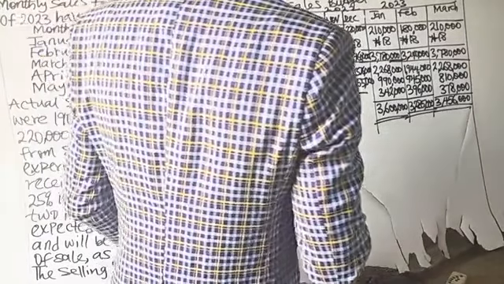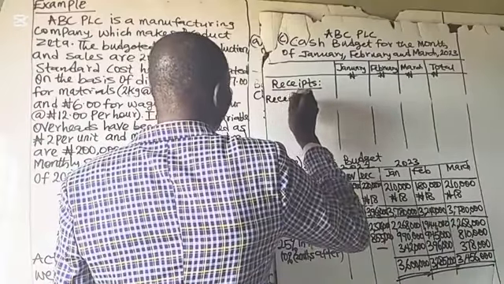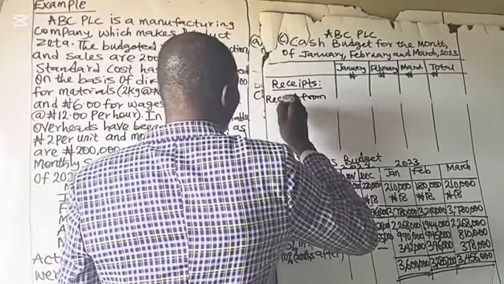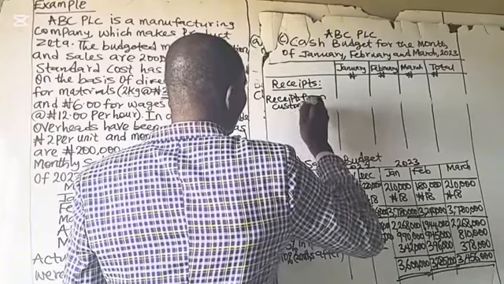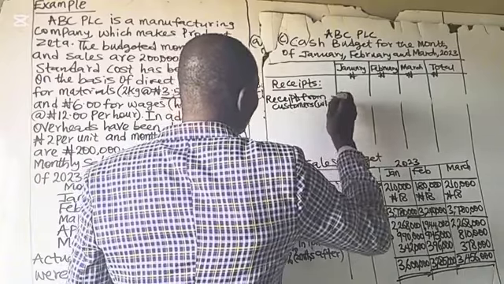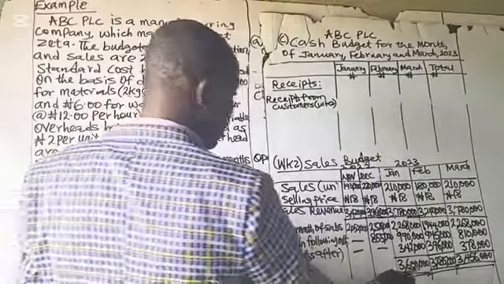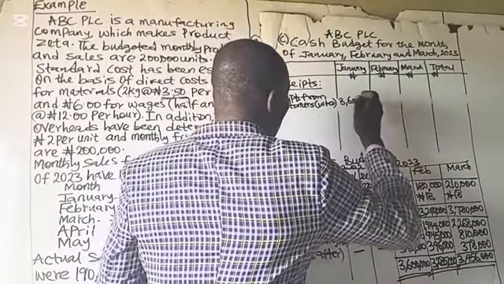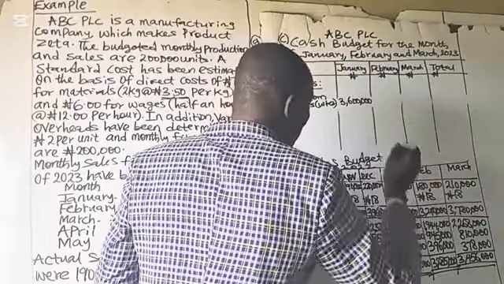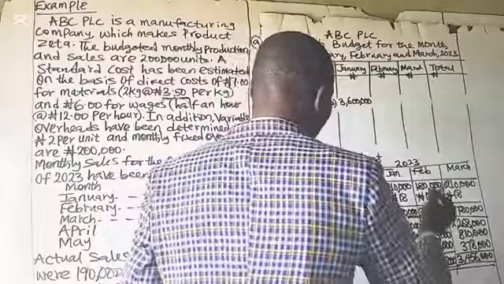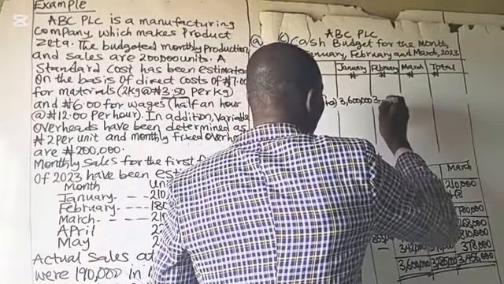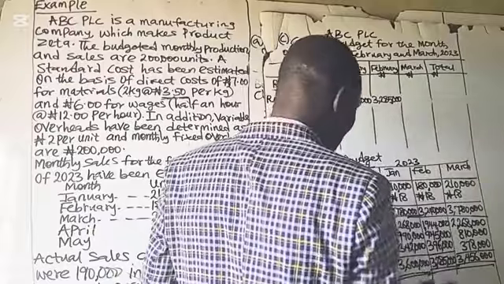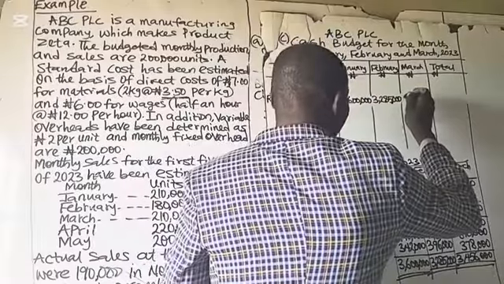Now let's have receipts from customers. Working 2. In the month of January, we have 3.6 million. In February, we have 3,285,000. In March, we have 3,456,000.